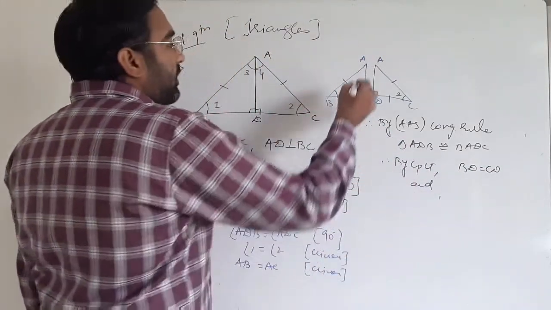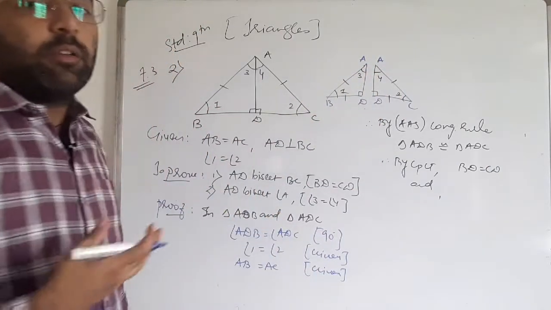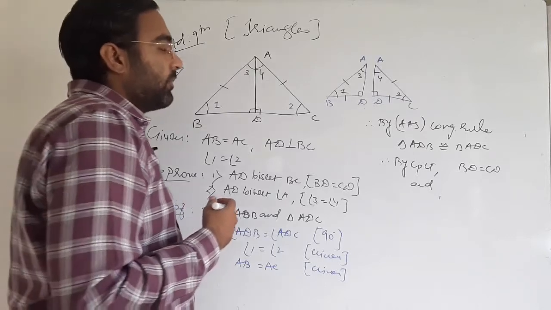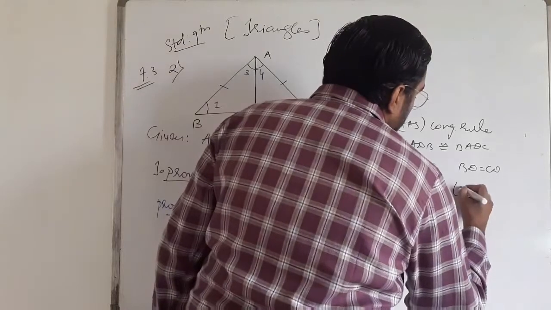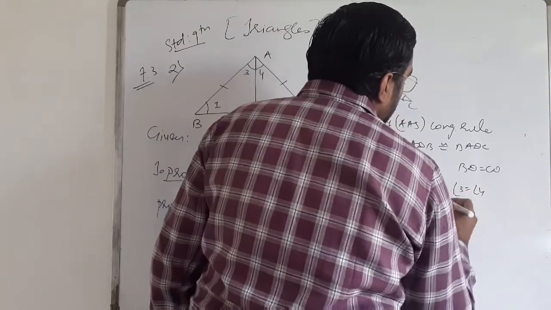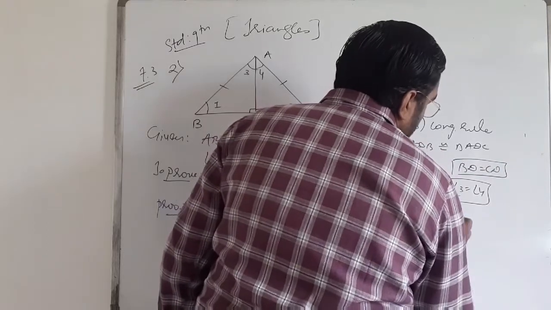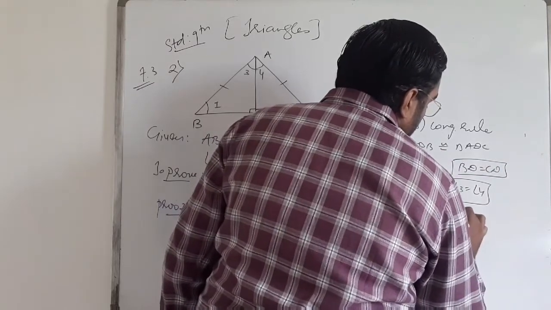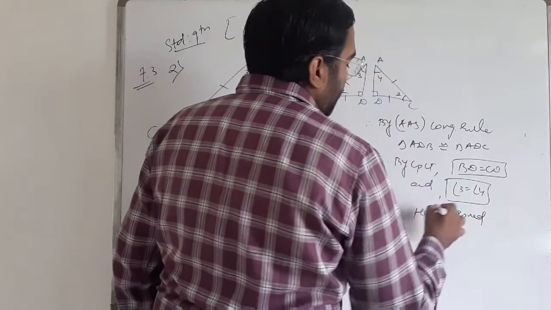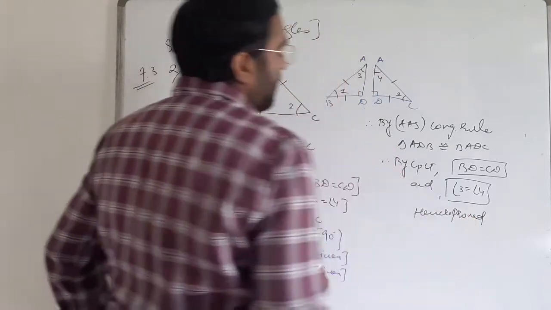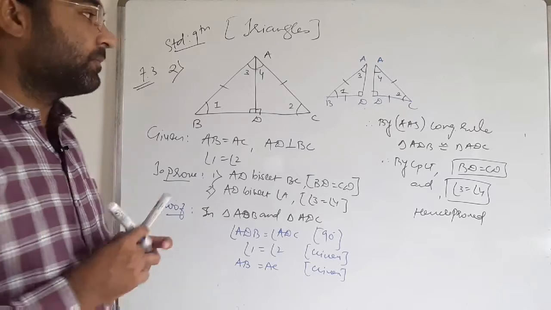We also take angle 3 and angle 4 as corresponding angles of the congruent triangles. Therefore angle 3 is equal to angle 4. Hence proved. Clear? Please note it down first.